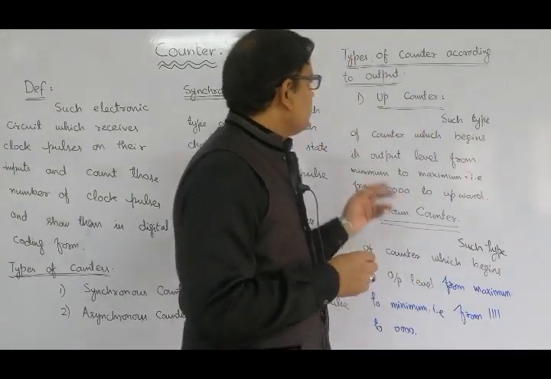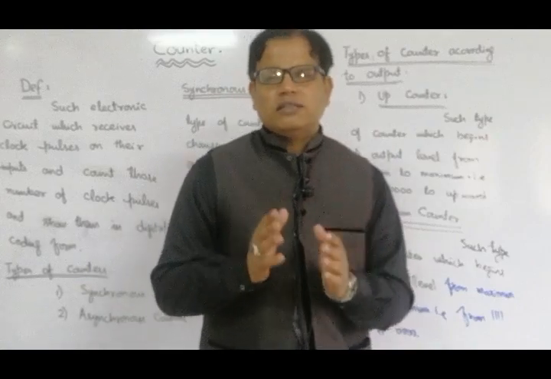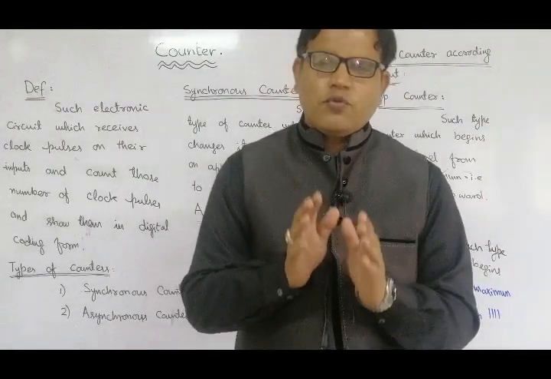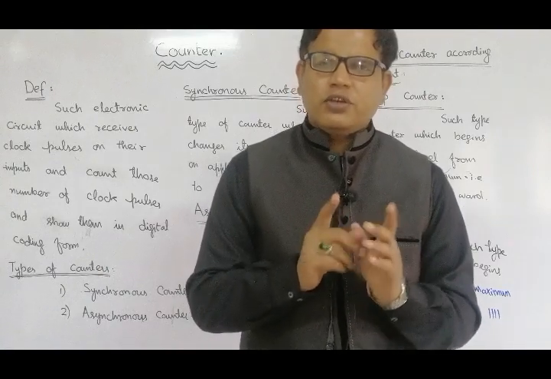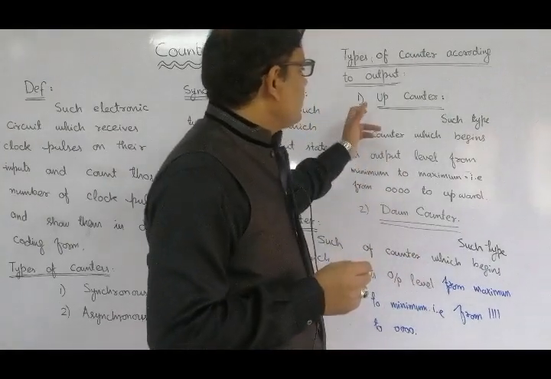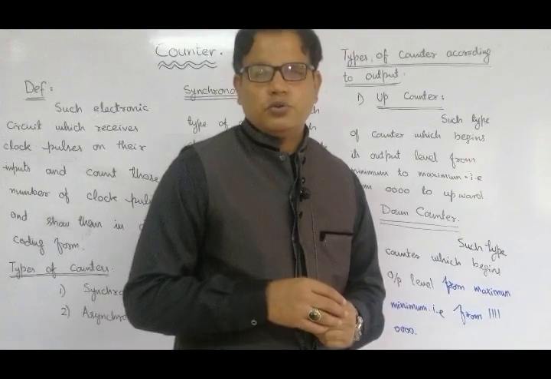So we will come towards the types of counters according to the output. In electronics, we measure things on the basis of their inputs and outputs. Here, in digital electronics, we are studying types of counters according to their outputs.